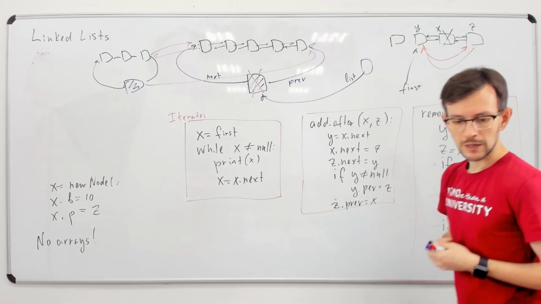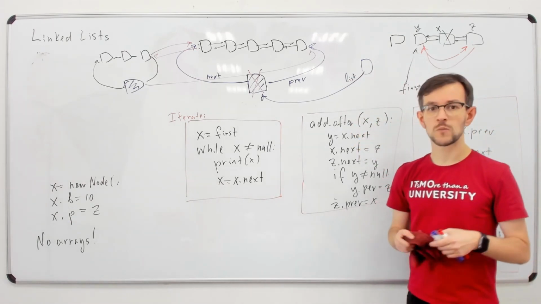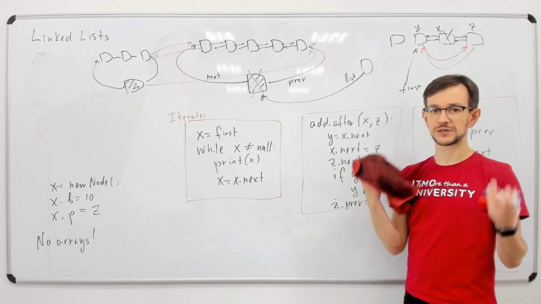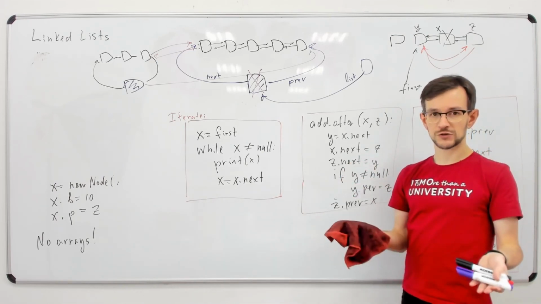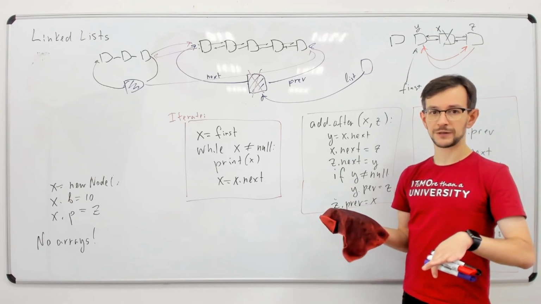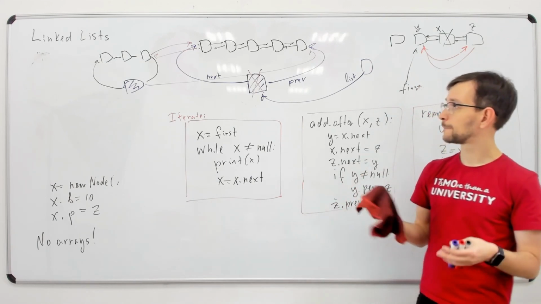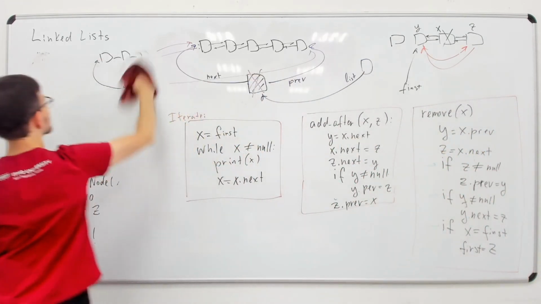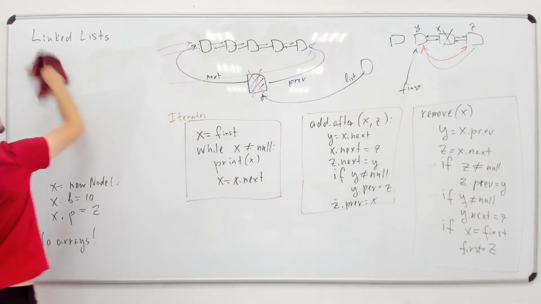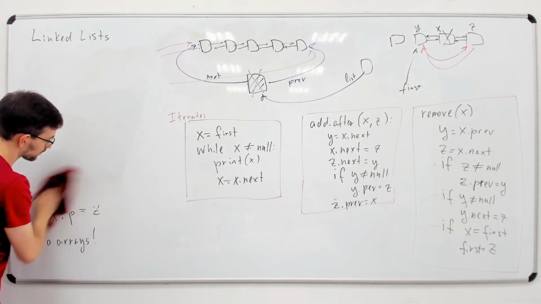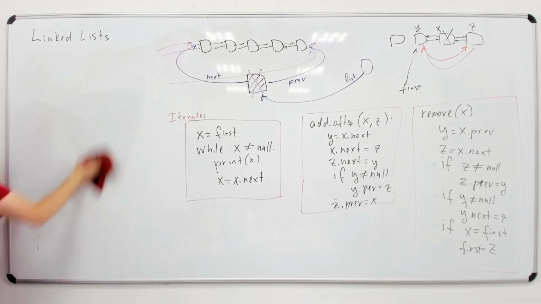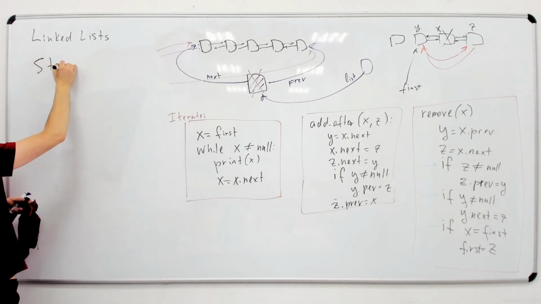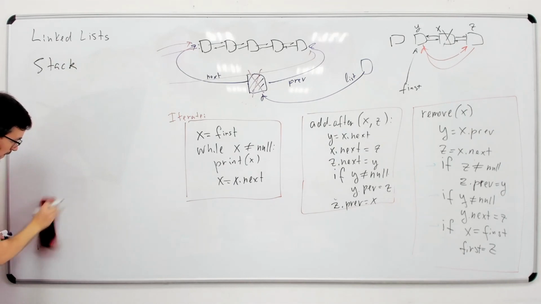Fine. Now, let's go back to stacks and queues. In the previous lecture, we discussed what a stack is and what a queue is. These are two important data structures, and they both can be implemented in the pointer machine model in a very simple way. So if you have, for example, a stack.